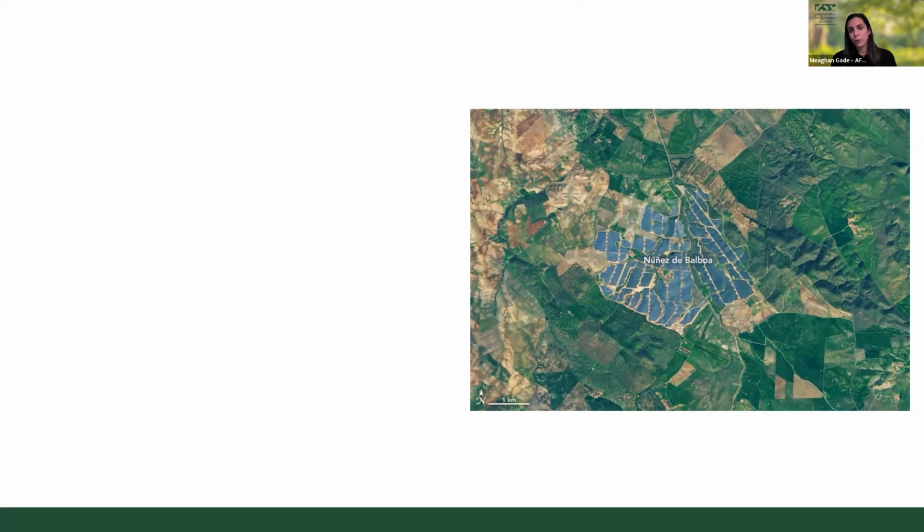I also want to show you this photo to show just how quickly deployment is happening with solar. Like I mentioned, this is a facility in Western Spain owned by the Spanish electrical company Iberdrola. It's the largest PV plant in Europe, has over 1.4 million solar panels covering 4 square miles, and can supply energy to about 250,000 people a year.